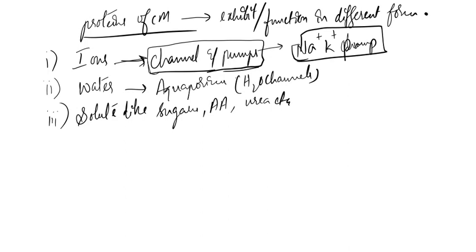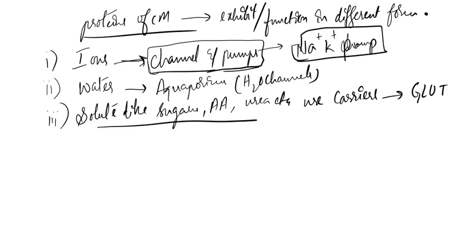So all these components, if they want to get transported, you need protein-made transporters, right? And urea, etc., they all use some sort of carriers, which we mostly call the glucose transporter.